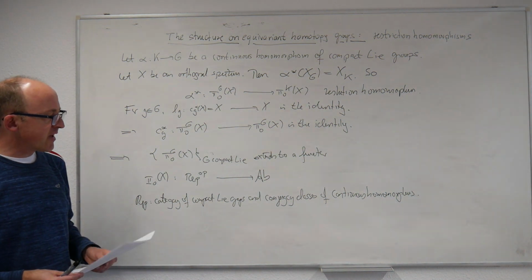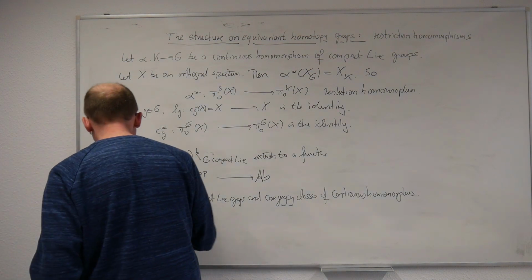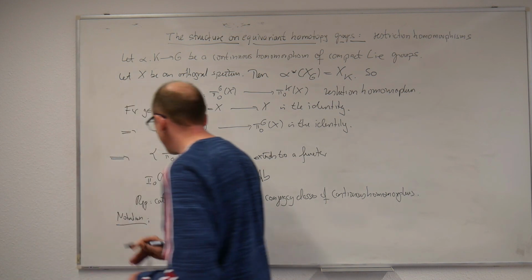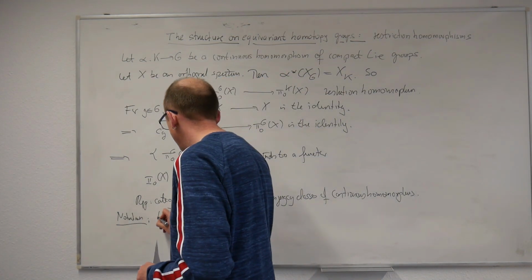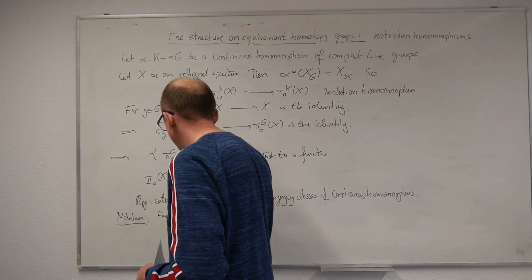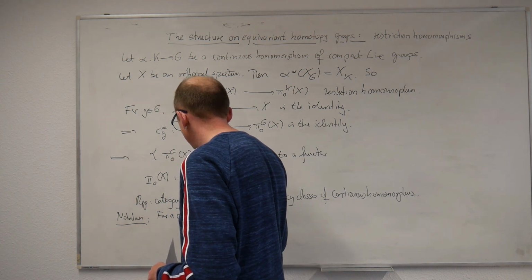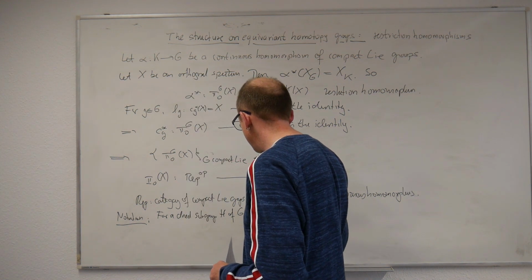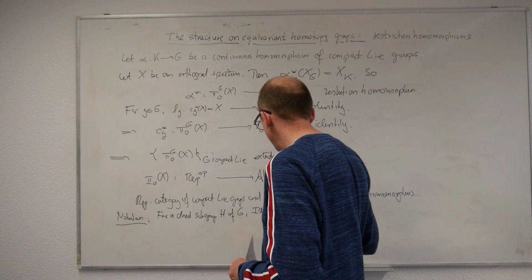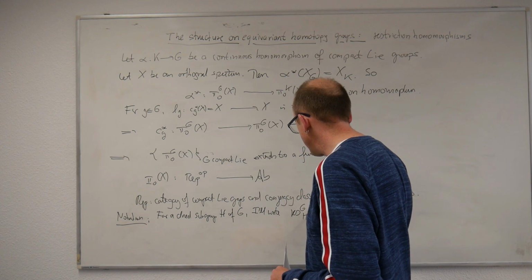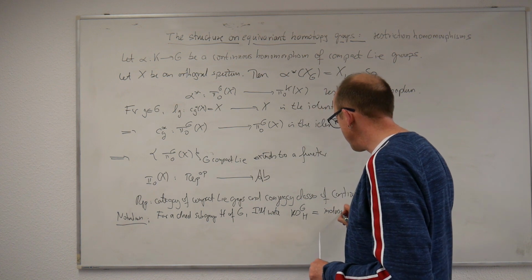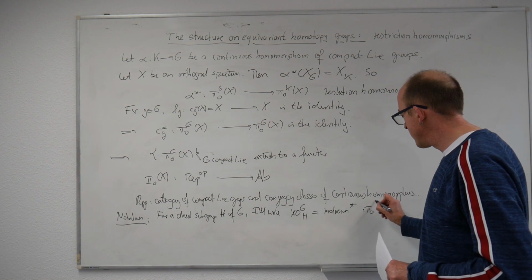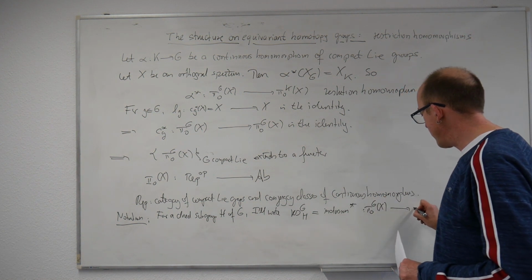Then I would like to briefly introduce a notation that's going to be convenient. I will use a standard notation in the special case when we have the inclusion of a subgroup. For a closed subgroup H of G, I'll write restriction from G to H for the induced map of the inclusion, which is then a map from pi 0 G equivariant to pi 0 H equivariant.